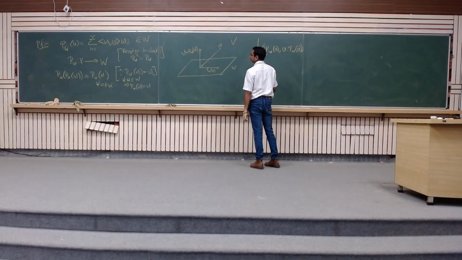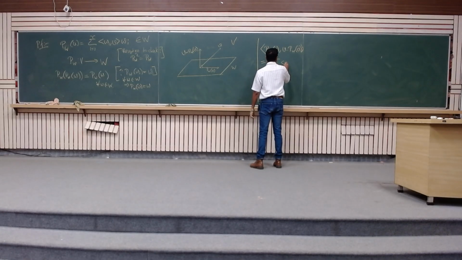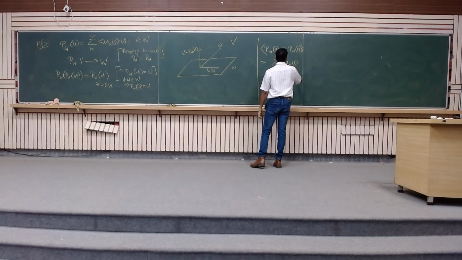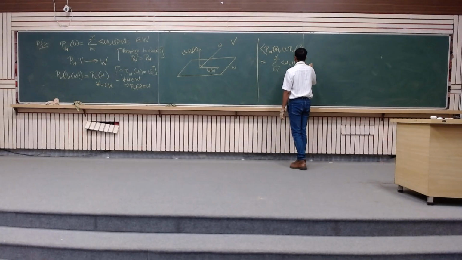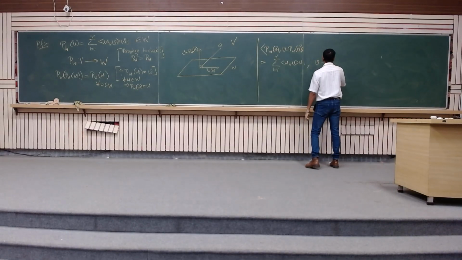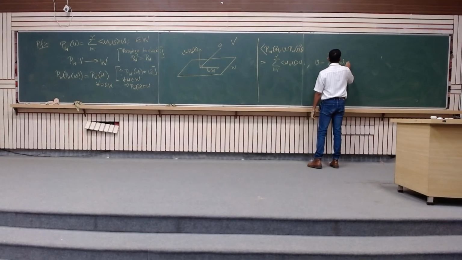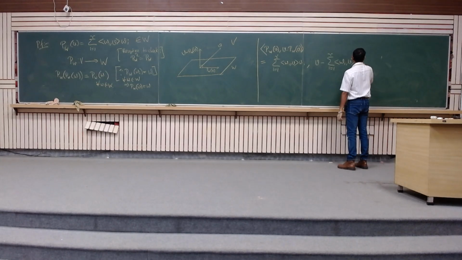Let's see whether they indeed are. So here we have the summation i running from 1 to r of <w_i, v> w_i, inner product with v minus the same thing.